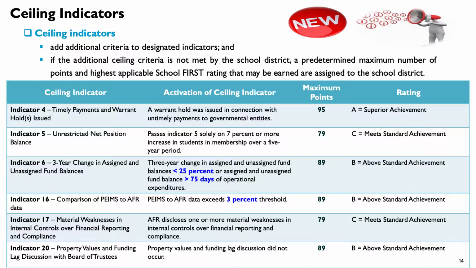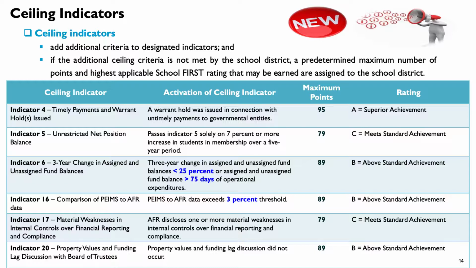Indicator number 17 is currently indicator 2B in our current system. So it's going to go down to a ceiling indicator. If you don't pass it, 79. It's material weakness in controls over financial reporting and compliance. That usually is passed by school districts.